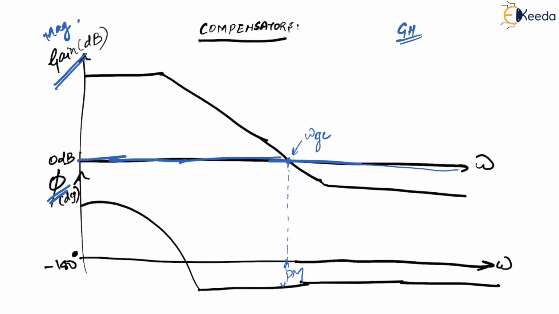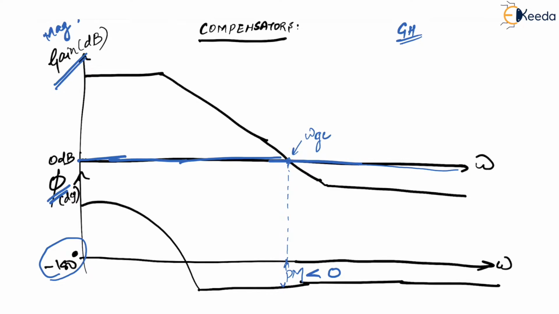right? Now if you remember, when you have the PM below minus 180 degrees, then we say that it is going to be negative.